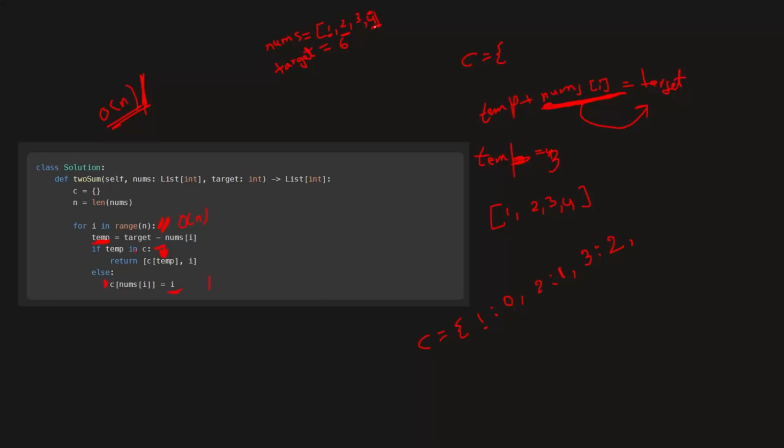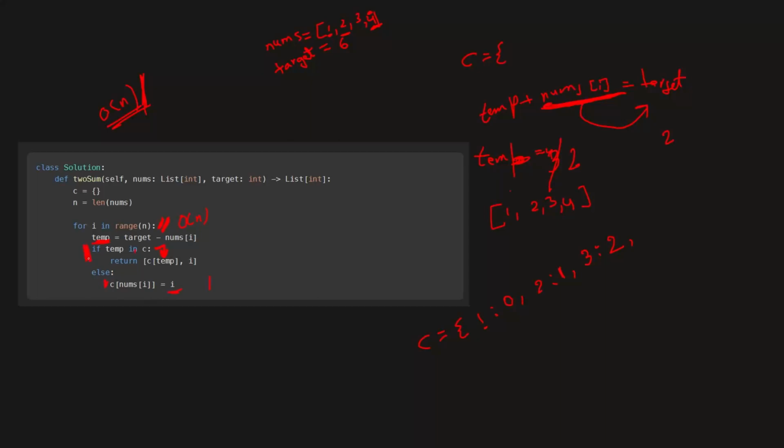Now we are at 4. We do target minus 4, which is 2. So temp is 2 right now. Now we check if temp is in C, and this will finally be used.